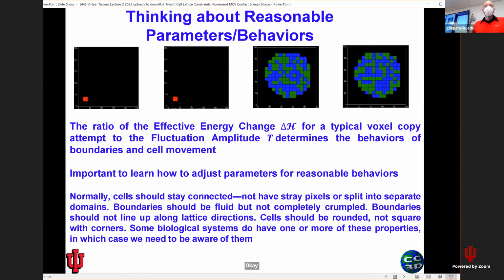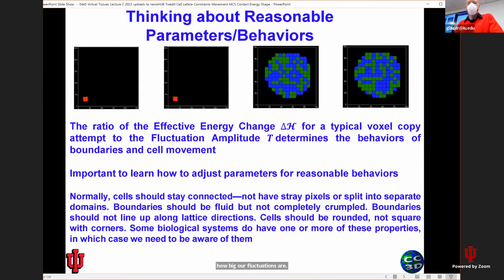Okay, so the effective energy change, delta H, for a typical voxel copy, divided by that fluctuation amplitude determines how big our fluctuations are.